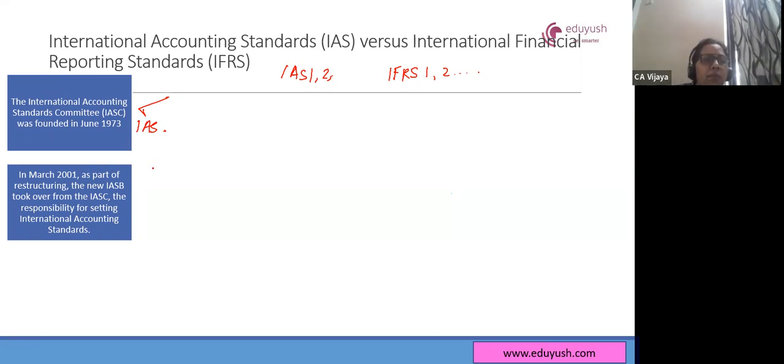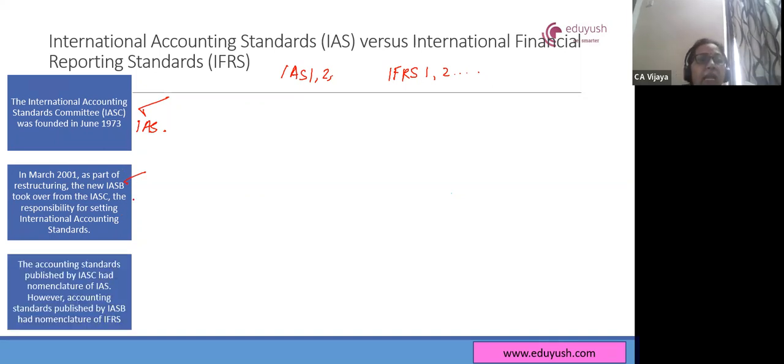But in March 2001, when they restructured this committee, the IASB, that is the International Accounting Standards Board, took over this standard setting process. And the new accounting standards that started to come into the market had the nomenclature of IFRS.